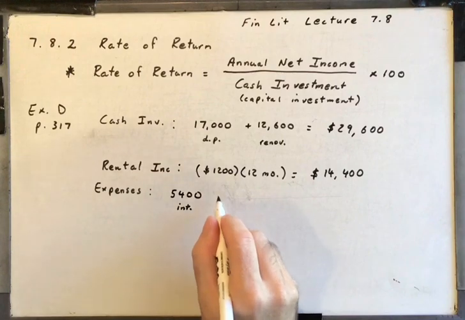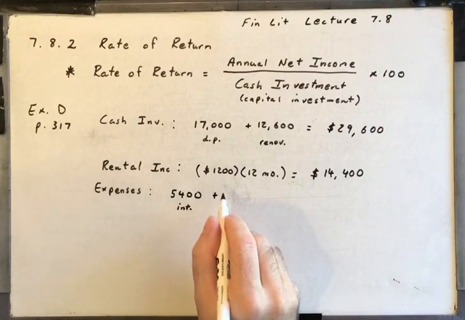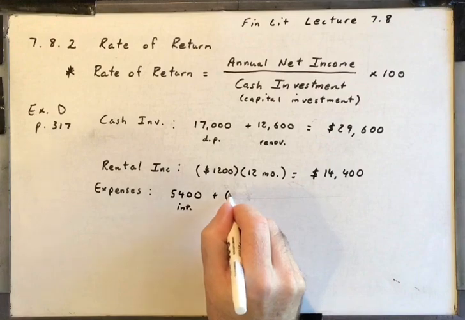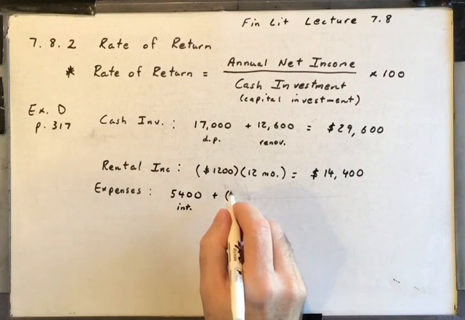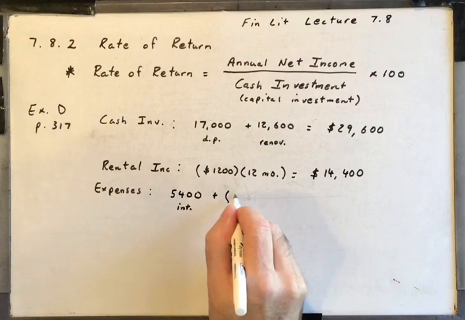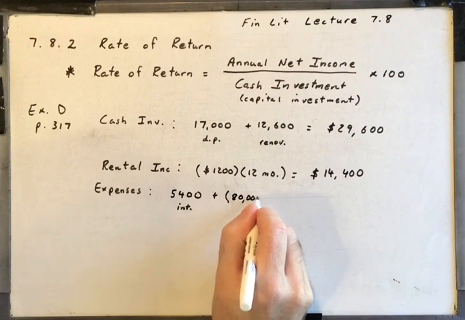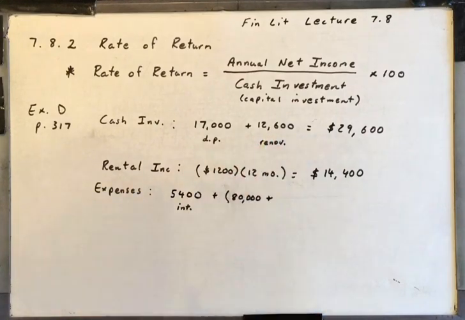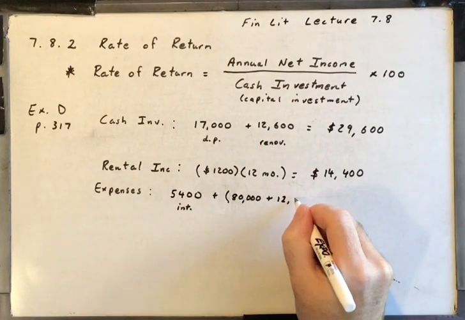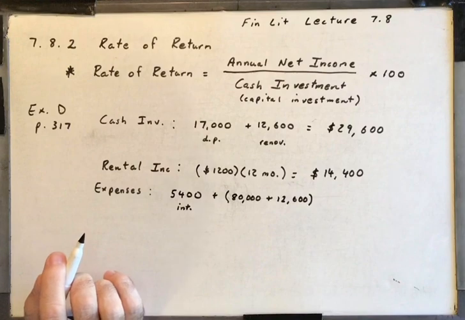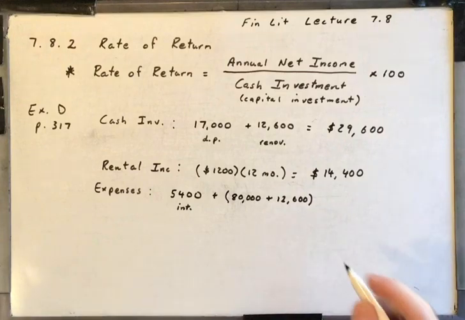She has depreciation on the property. Now this is where you have to be careful. You don't get to depreciate the lot. So she paid $85,000 for the house, but it's going to be $80,000. So this is the hardest part of this problem. $80,000 because we subtract the lot, plus she added $12,600 in improvements. So if you will look at the problem, it says the depreciation on the cottage and its capital improvements.